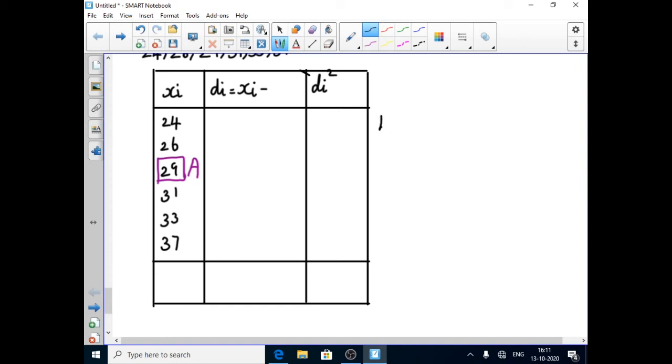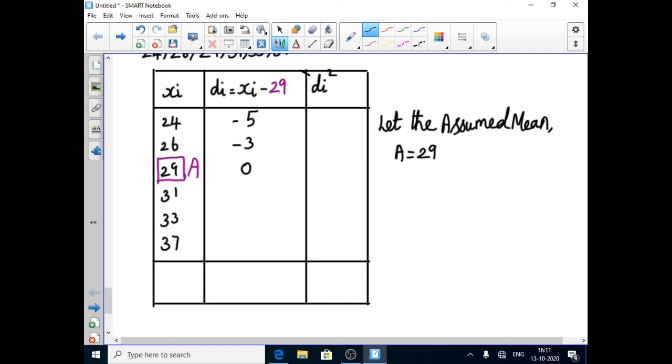Let the assumed mean, capital A, be equal to 29. Here there is no class interval, so no need to write C. So here you write 29, and near the assumed mean write 0. Above 0 the values are negative. 24 minus 29 is minus 5. 26 minus 29 is minus 3.